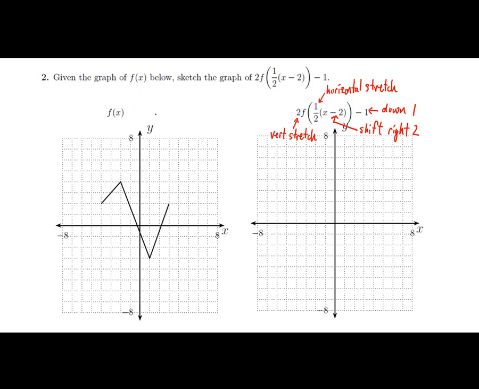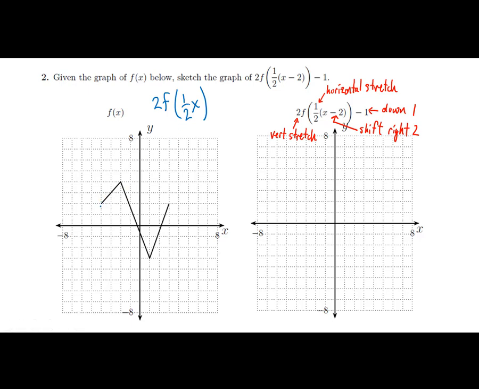Okay, so first in blue, let's just do 2 times f of 1/2 x. So this 2 tells me to double my y values, and this 1/2 tells me to double my x values as well because things are happening half as fast.